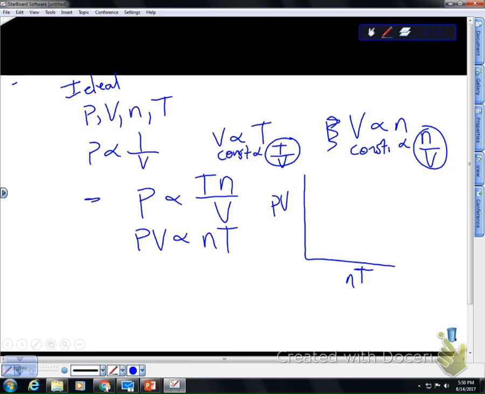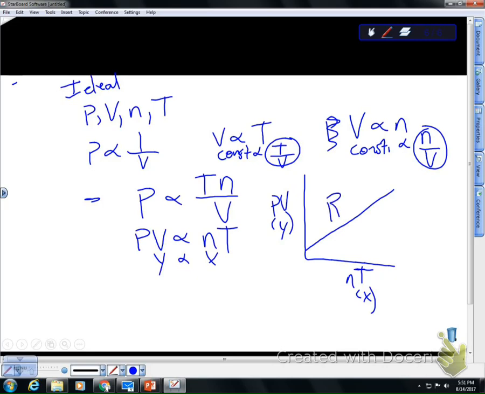If we graph these, and if it made you feel better, we could just go y proportional to x and kind of have that here. We would still get a straight line. It is a direct proportion here. And it turns out that there's a value associated with this.